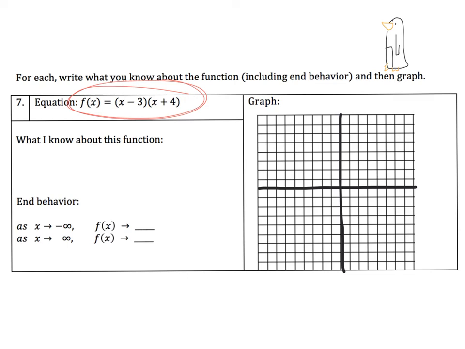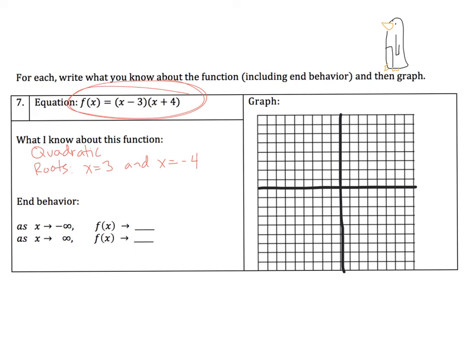I know that it is a quadratic because it's got two x's that are being multiplied by each other. I know that it has roots or x-intercepts at x equals 3 and x equals -4.